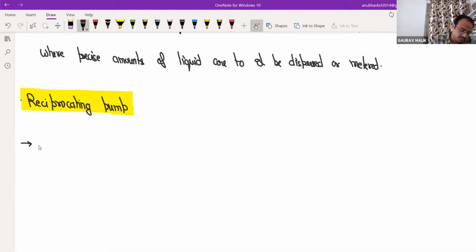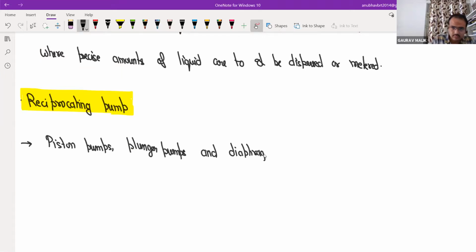So piston pumps, plunger pumps, and diaphragm pumps are examples of reciprocating pumps.